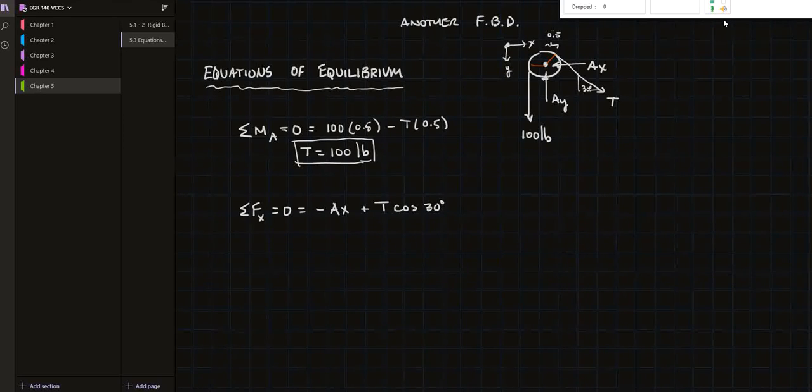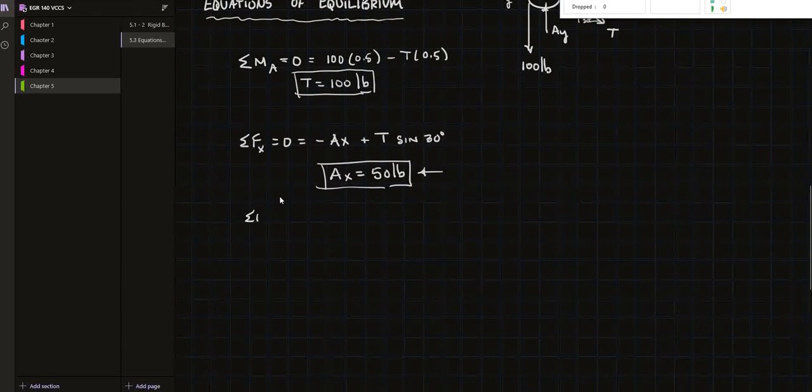Actually, now that I look at it, 30 degrees is here, and this is the opposite side, so this will be T sine of 30 degrees. So I solve this equation, and I'll end up with AX equals 50 pounds. Okay. So there's 50 pounds of force on the pulley in the X direction. And it's in the direction that I have there, so it's actually still in that direction.